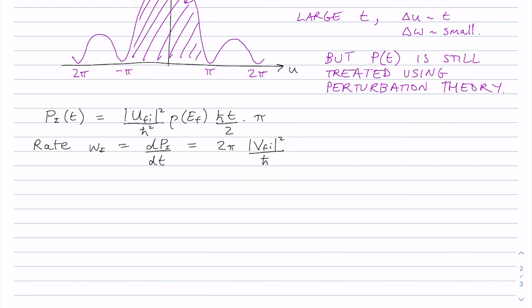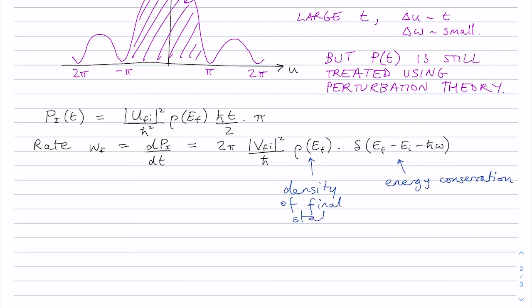One of the h bars cancels out. Density of states of the final states. And often you'll also see it with a little delta function which is to guarantee that we have conserved energy. And in this form, it's actually quite robust. You can use it for many, many different kinds of problems. So this is Fermi's golden rule.